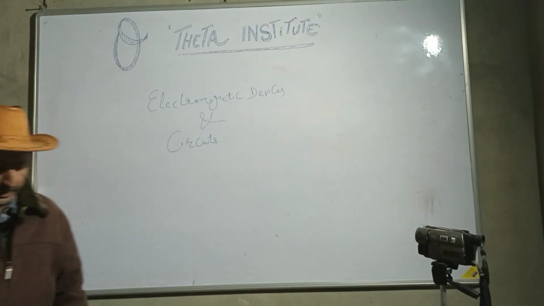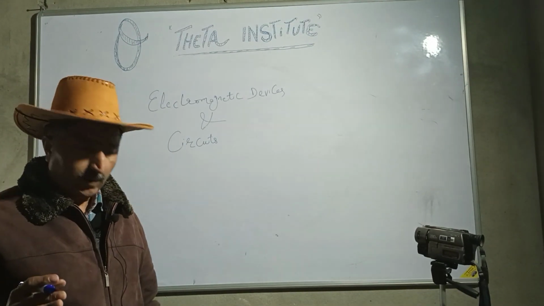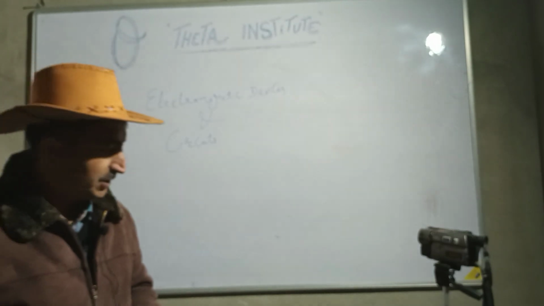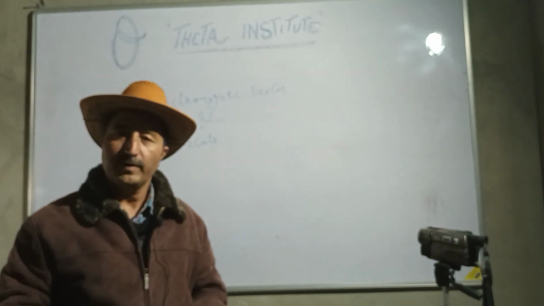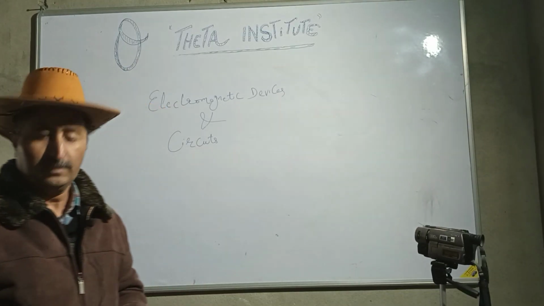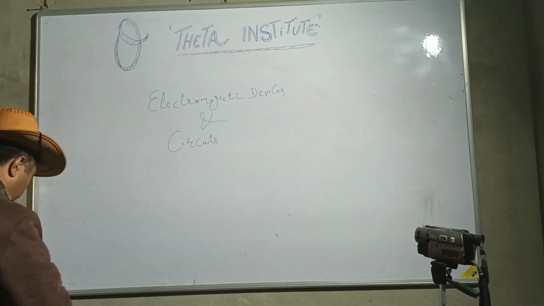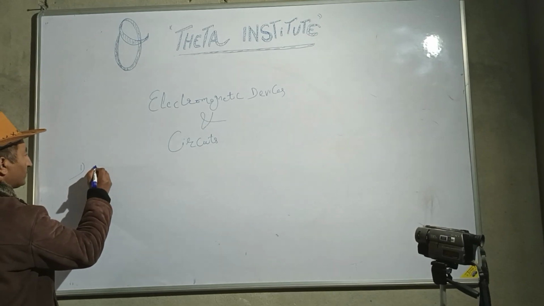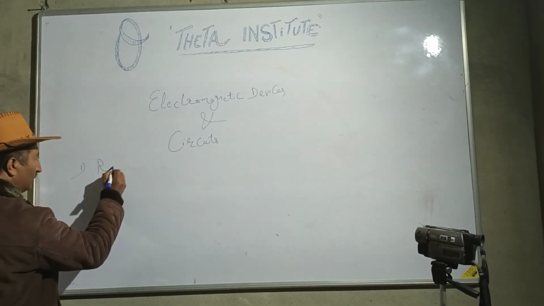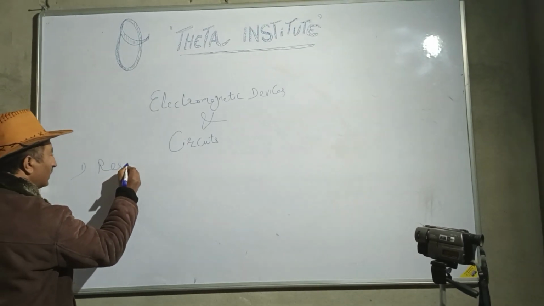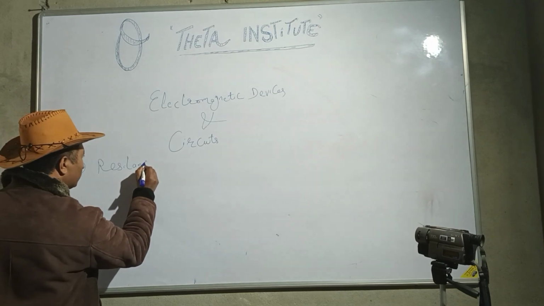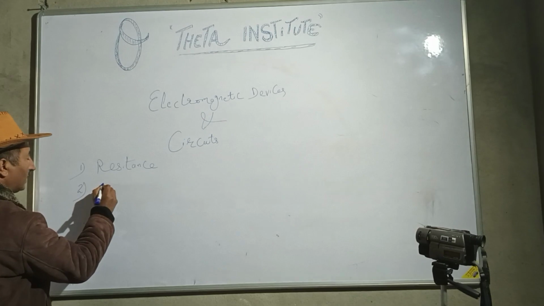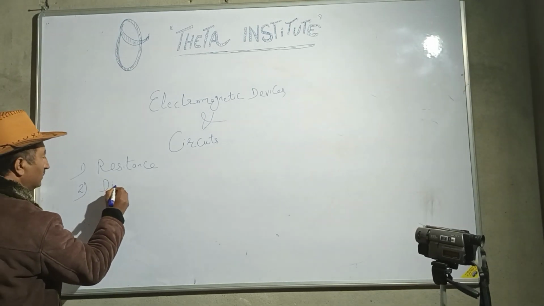The electromagnetic devices are many in number, however, we will take a few in consideration which are of daily importance, routinely used in these circuits. Number first is the resistor, or the resistance, and second is diode.